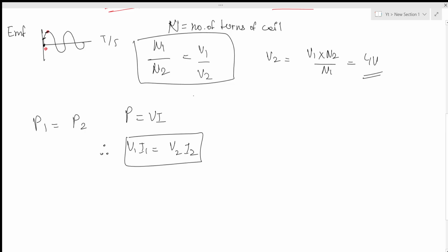Using a combination of both these formulas, they go hand in hand, you can tackle the current in the primary or secondary coil, or the number of turns of the primary or secondary coil, and the voltage of the primary and secondary coil. And that is all you need to know for transformers. If you have any doubts, please do leave them in the comment section below, and I hope you understood.